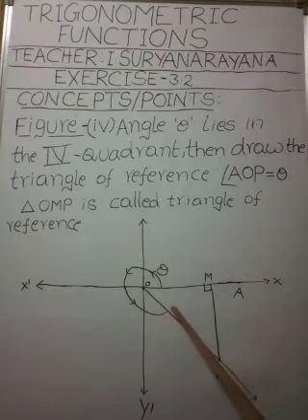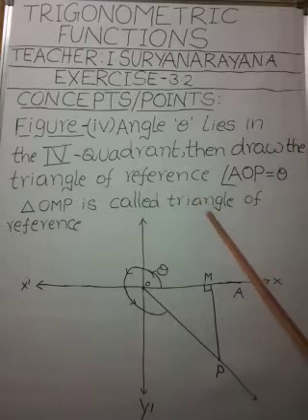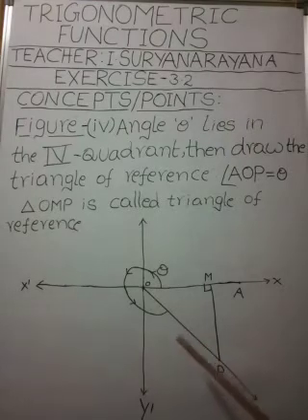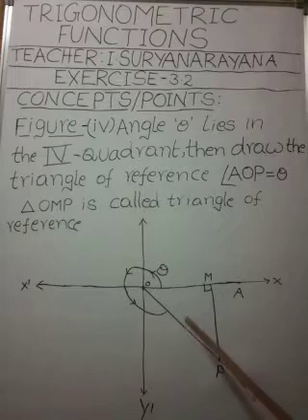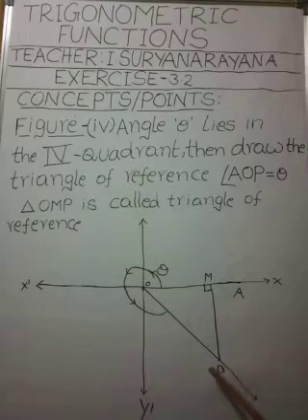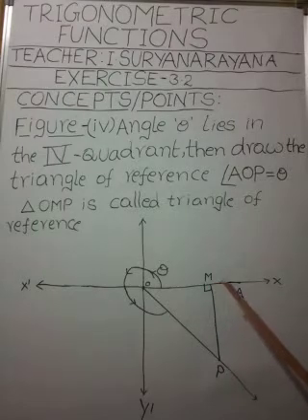Right. In that case, we have to draw the triangle of reference. To draw a triangle of reference, we have to choose any point on the terminal side. What is the terminal side of this angle theta? OP. We can choose any point on this terminal side. We have chosen P, a point on this terminal side. From this point, we have to draw a perpendicular line on the x-axis.